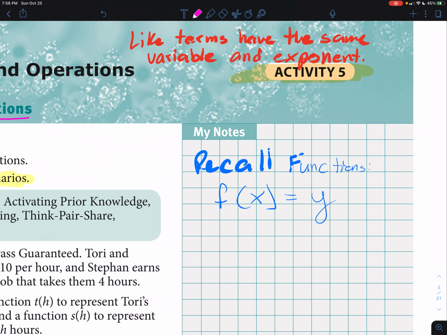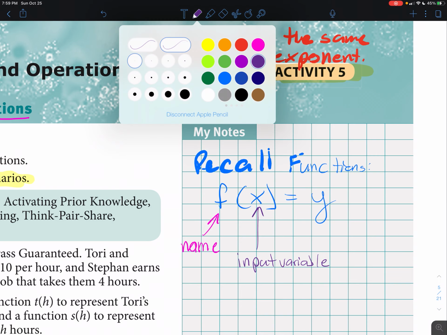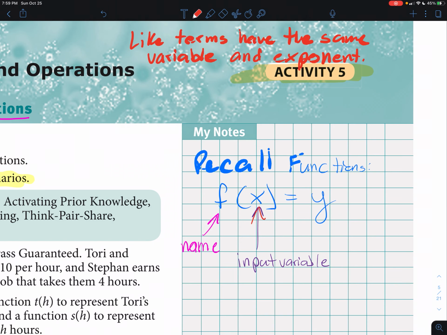The letter that's in the front here, that's just the name of the function. The letter that's inside is the actual variable. This is your input variable. And then the result is what you get after you input, that is your output variable.